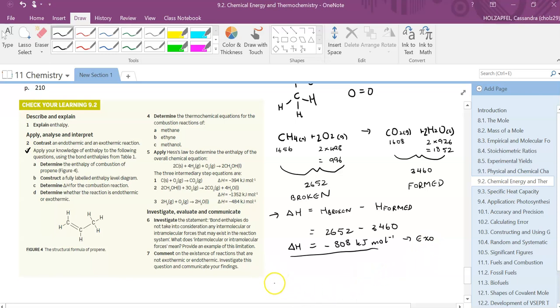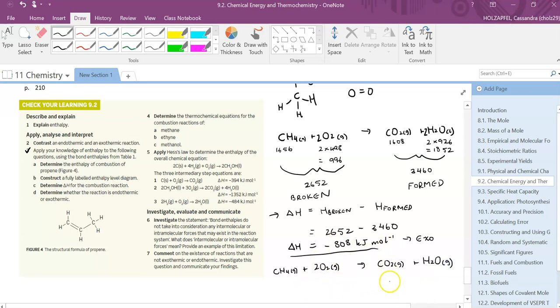So what I'm going to do now is write it as a balanced thermochemical equation. We're just going to make sure that we have all our states and stoichiometric ratios in there. So we're going to have CH4, which is a gas, plus 2 lots of oxygen gas. It's going to come together to form carbon dioxide gas and water vapor, so that's going to be a gas there.